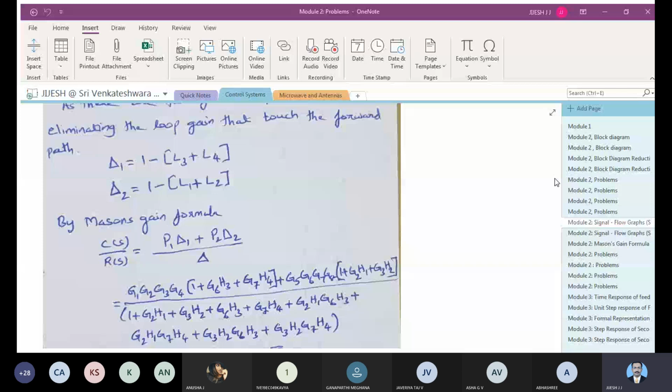This is called a node, and this which has an arrow mark is called a branch. I have told you that the direction of the arrow mark is very important, and you are not supposed to go in the opposite direction of the arrow mark, whether finding the forward path or finding the loops or whatever it is.